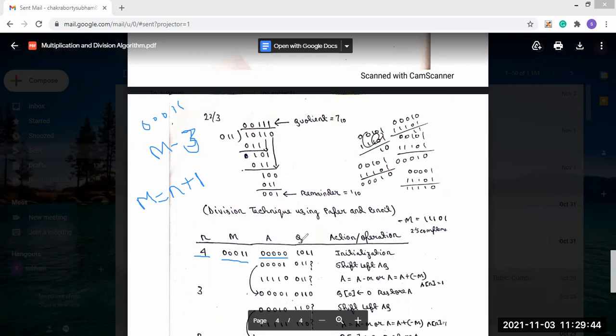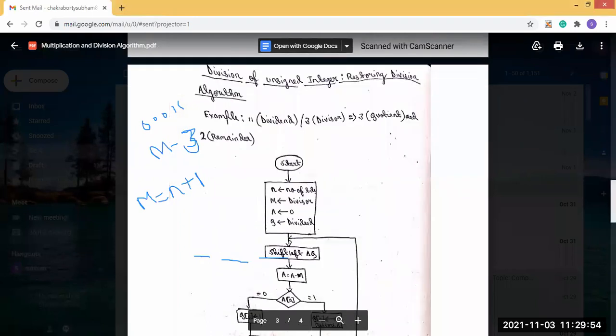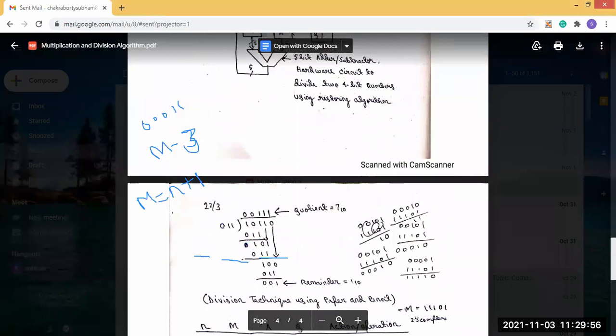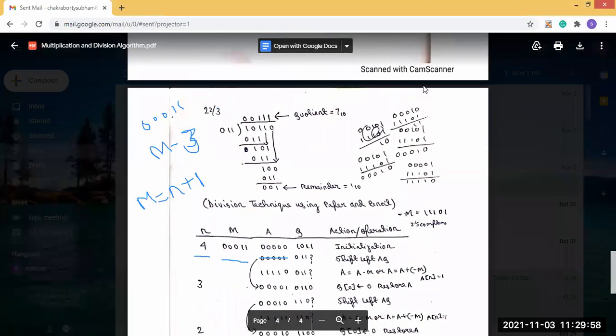And Q is our dividend. To represent the dividend we require 4 bits, because 11 in binary is 1011.